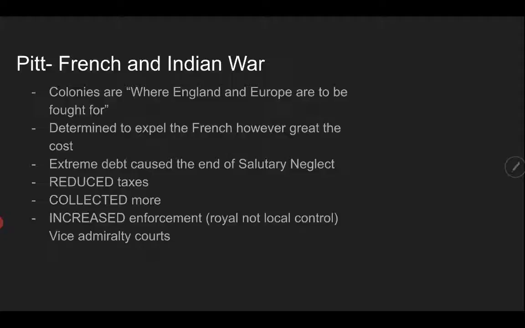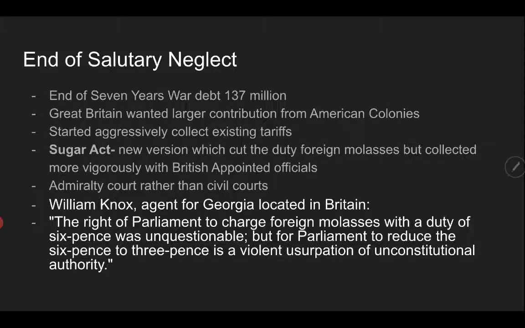So now if I reduce the tax to, say, $3, the smugglers don't make as much money, and more people will actually pay the tax. Okay, so what they're going to do is actually reduce most of the taxes, collect more, and enforce it more. So the debt is really the issue here.